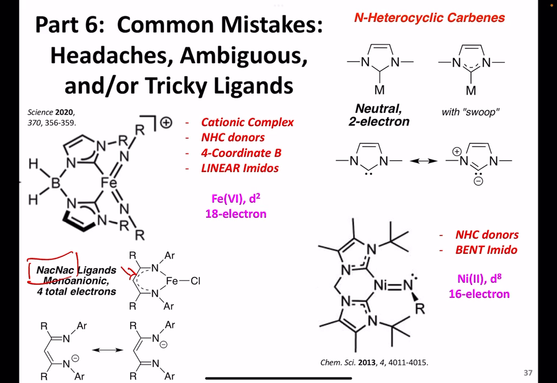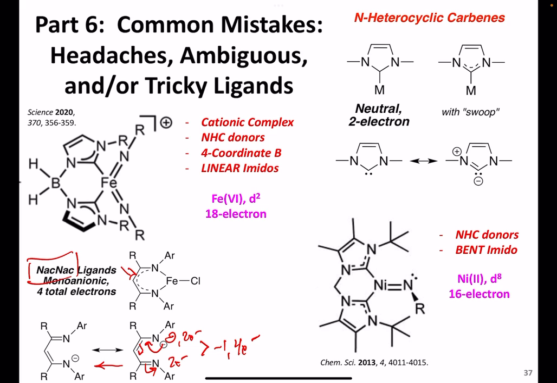Both donate 2 electrons. So this is anionic and contributes 2 electrons. This is neutral and contributes 2 electrons. That means overall it is a -1, 4 electron donor. And so you can obviously jockey between the 2 different resonance structures by just pushing electron density. I just want to make that clear.